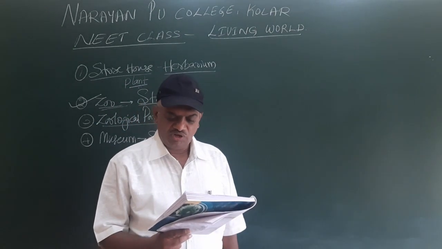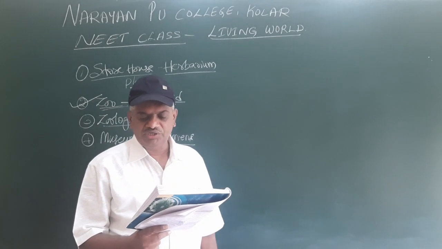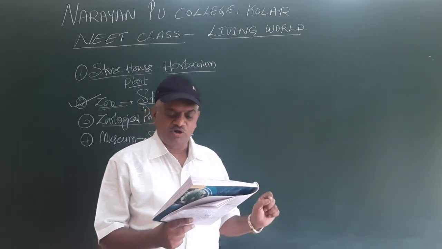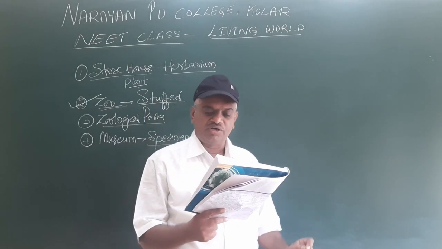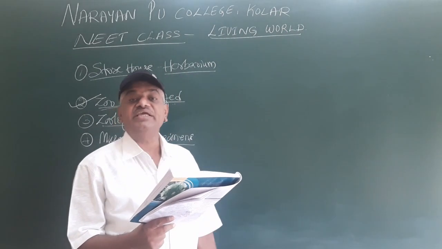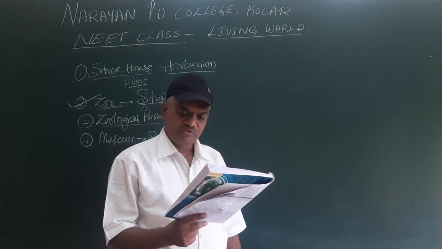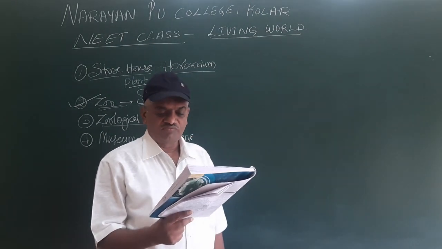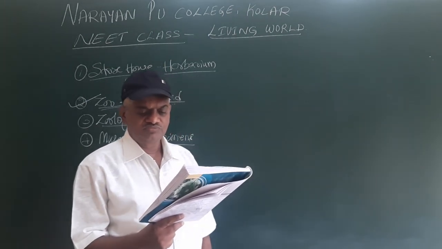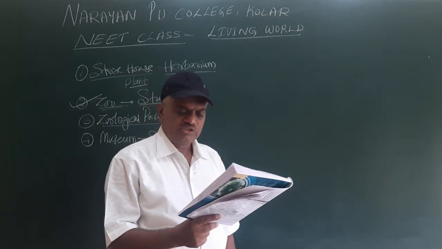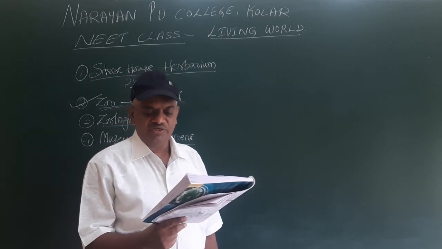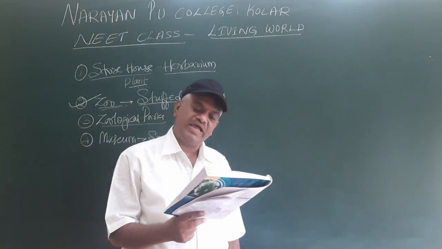Botanical names of plants are treated as in Latin. I'll repeat this. Botanical names of plants are treated as in Latin because. So here, first option, rules of nomenclature were framed by Italian botanists and they were speaking Latin.